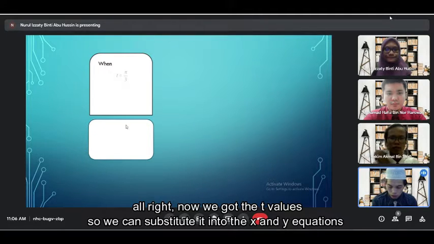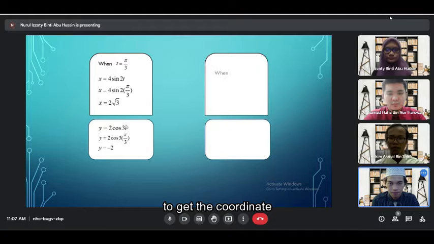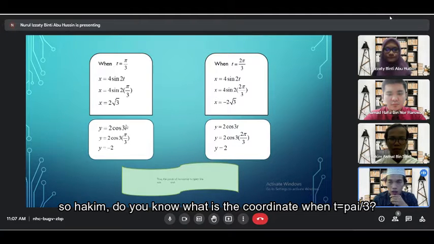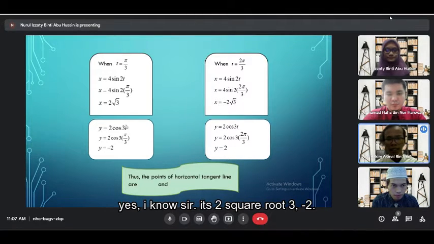Alright, now we got the t values, so we can substitute them into the x and y equations like this to get the coordinates. Yes, so Hakim, do you know what the coordinates are for t equals pi over 3? Yes, I know, sir.